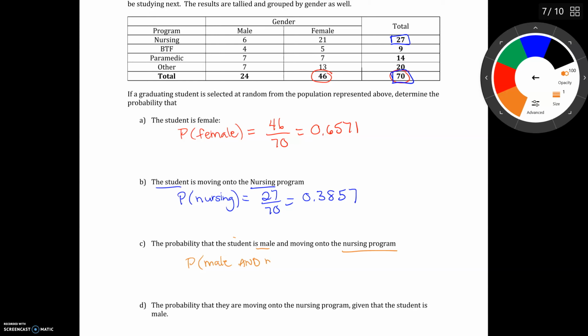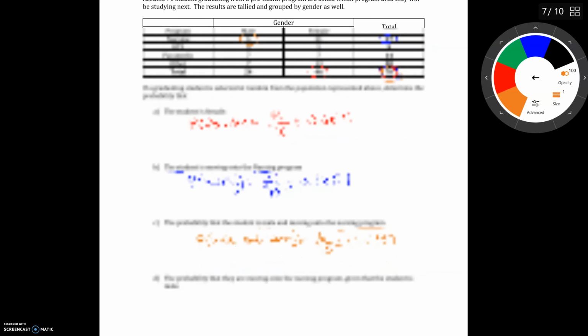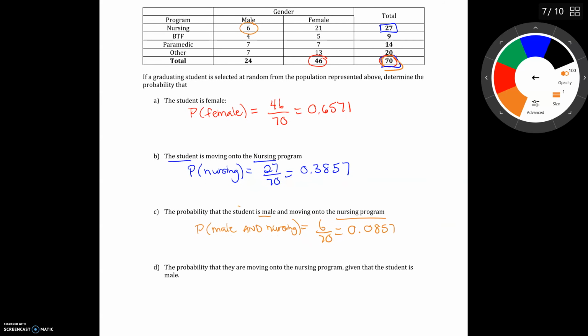So here, we're looking at the probability that they're both male and nursing out of the total, so it would be 6 out of 70. We'd come out with a probability of 0.0857.